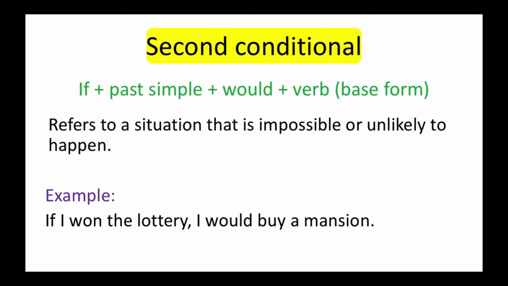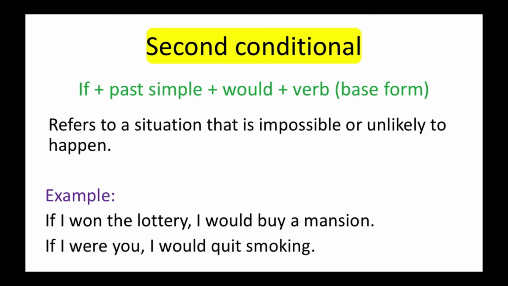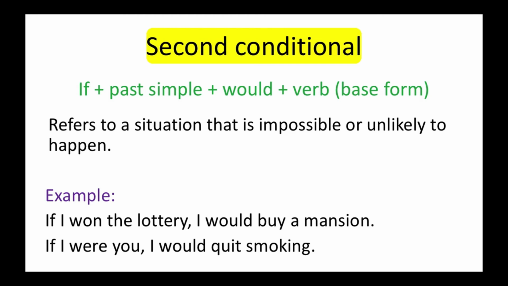For example, if I won the lottery, where won is in the past, I would buy a mansion. If I were you, I would quit smoking. Remember, my dears, when you're using the second conditional, you have to say if I were you. It's a mistake if you use I was you. That's not the thing.